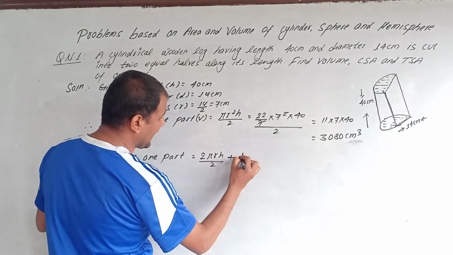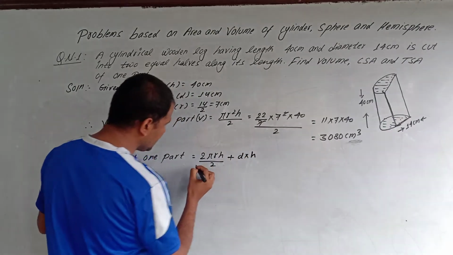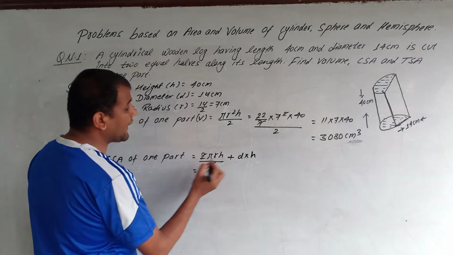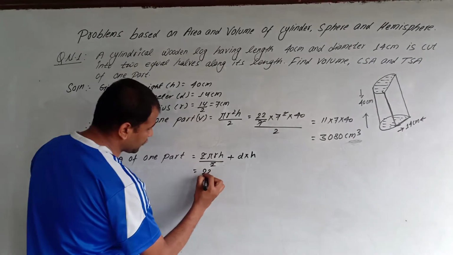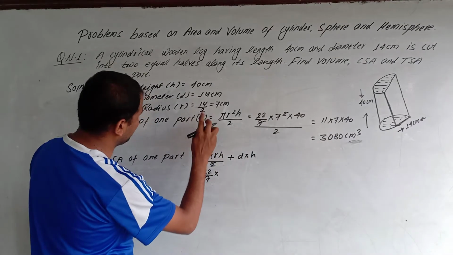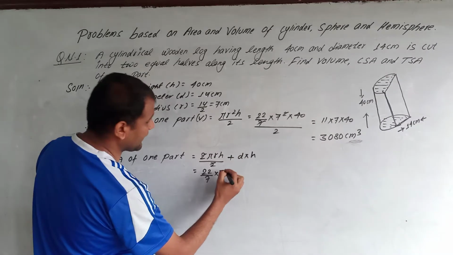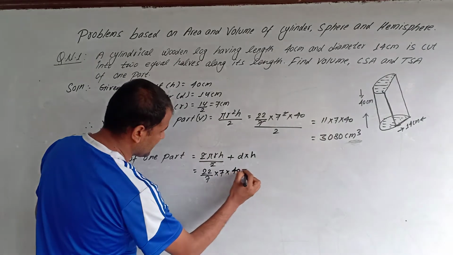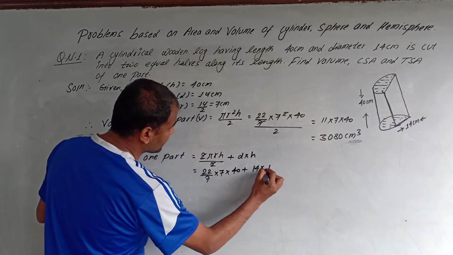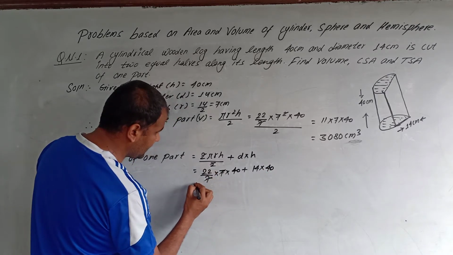That is diameter into height. That is equal to pi r h, the 2 and 2 are cancelled. Pi is 22 by 7 into r, radius, 7, into h, height 40, plus d, diameter, 14 into h, 40. That is equal to 7 and 7 are cancelled here.